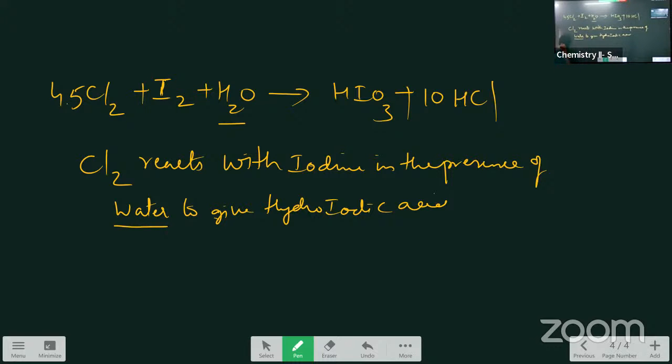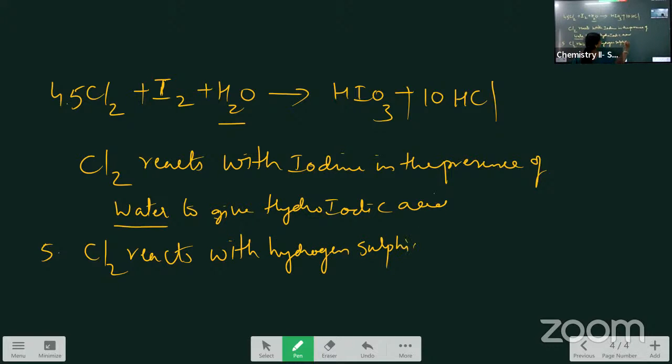The next, Cl2 reacts with hydrogen sulfide to precipitate sulfur.